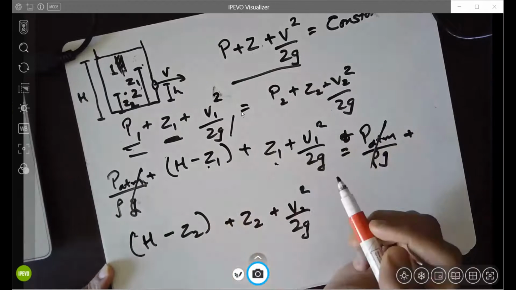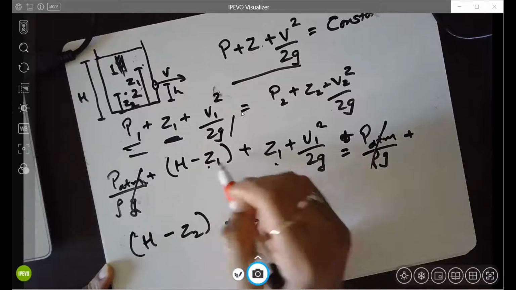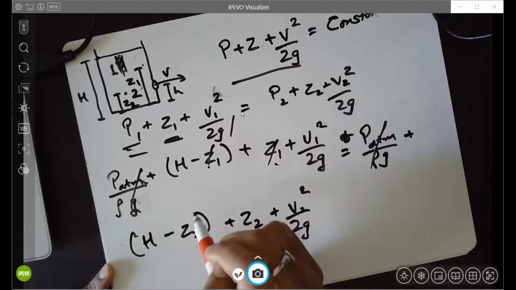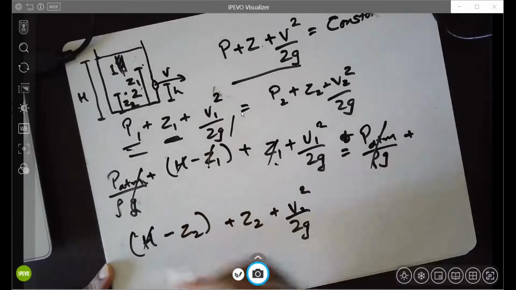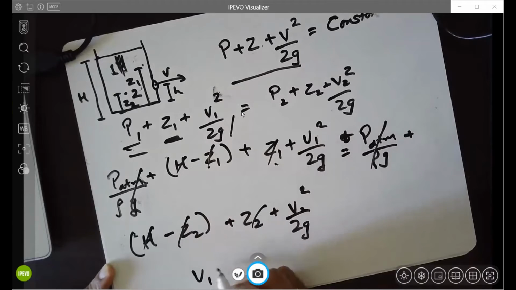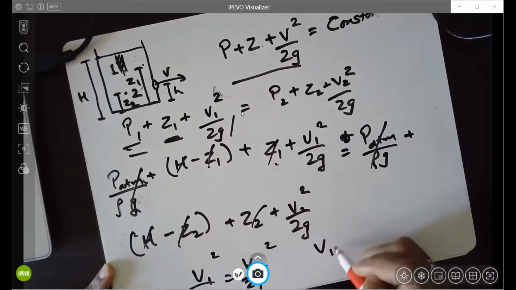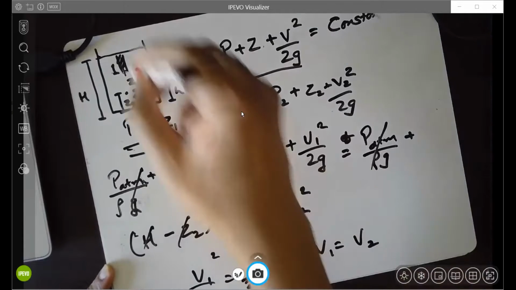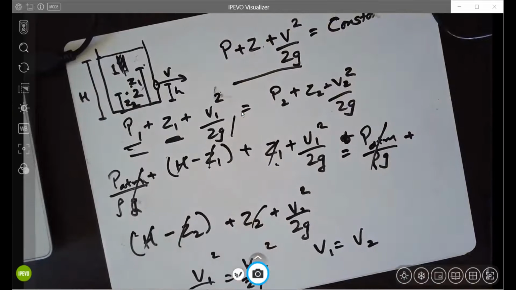P atmosphere by rho g cancels, Z1 will cancel, and H and H cancel. Z2 and Z2 cancel. So V1 square by 2g is equal to V2 square by 2g, and V1 equal to V2. So the velocity of water in here and here is the same.